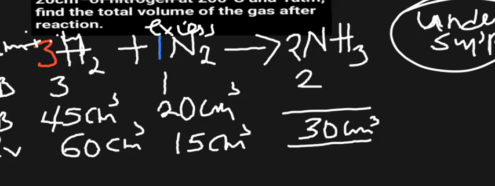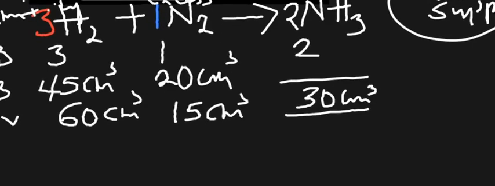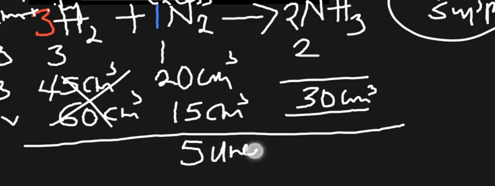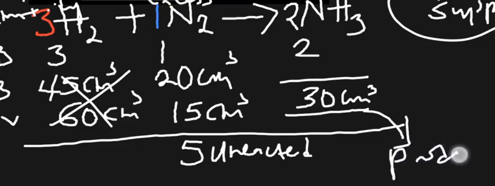Okay, now I don't need the undersupplied one again to continue my mathematics, because 45 is less than 60. We don't have to worry about that part for us to know the gas that is unreacted. So the volume of unreacted gas is the difference between 20 and 15, and that's 5. The reacting volume has to be smaller than the given volume for you to get the unreacted gas. So this is the product, which is 30.